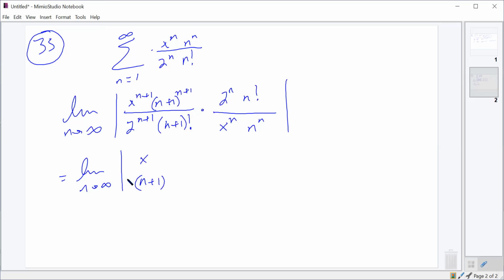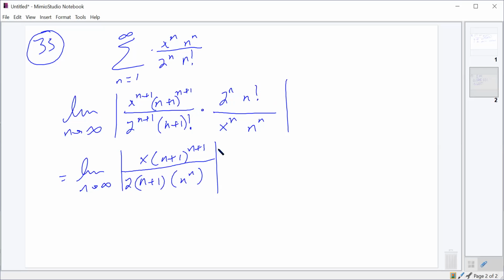And then this should have a 2 in the denominator from the 2 to the n plus 1 and the 2 to the n. And then we still have this n plus 1 to the n plus 1, and we still have this n to the n. Everybody good with that so far?